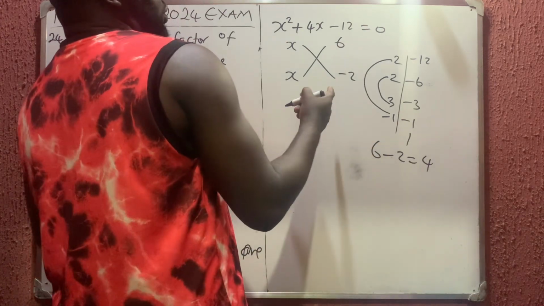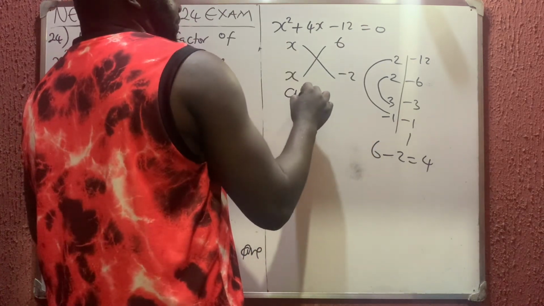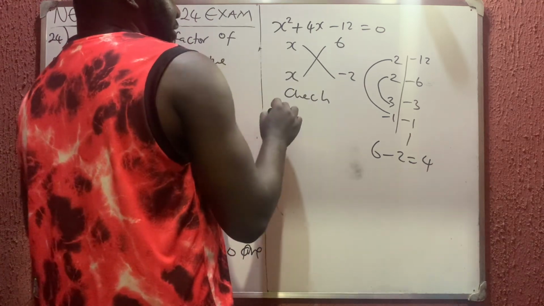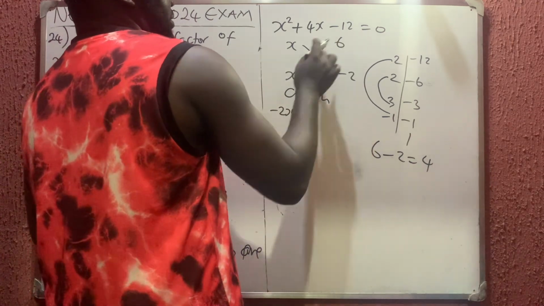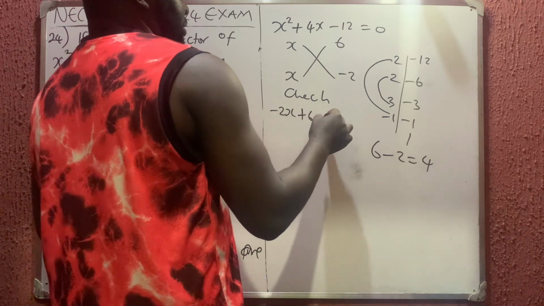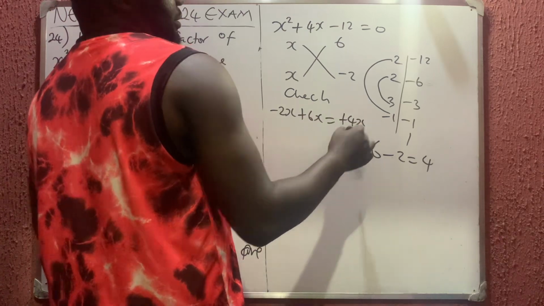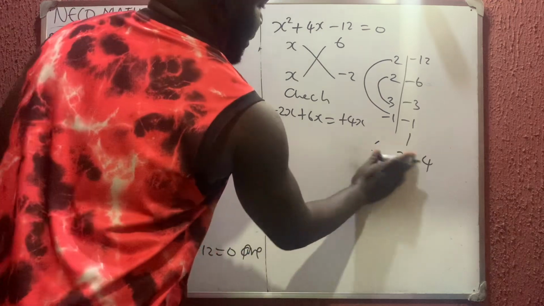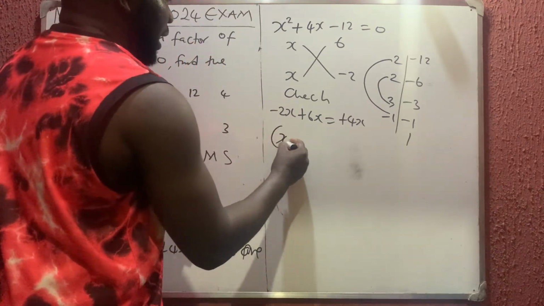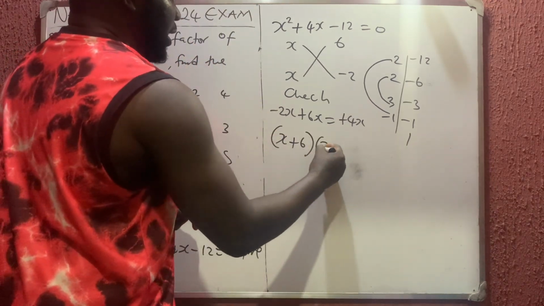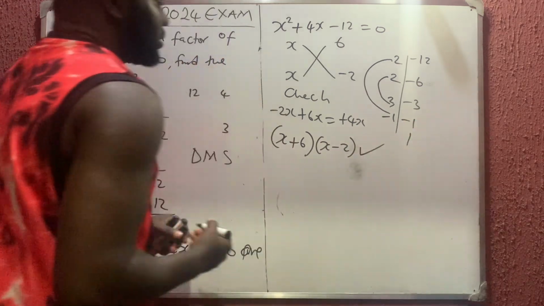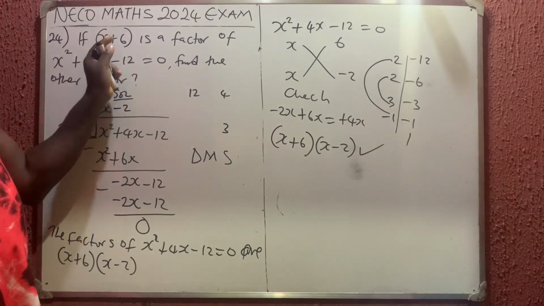If you check, this times this gives me minus 2x, this times this gives me plus 6x, and both give me plus 4x, which is what is in the middle. So my answers are x plus 6 and x minus 2.